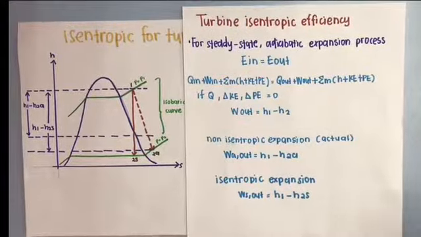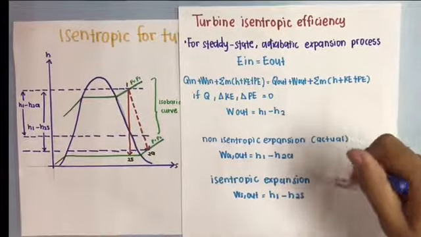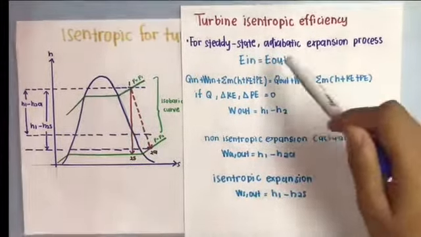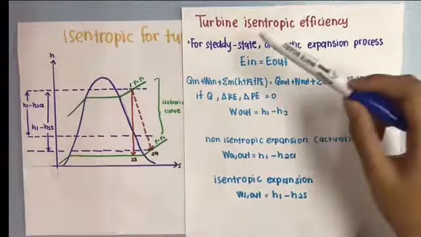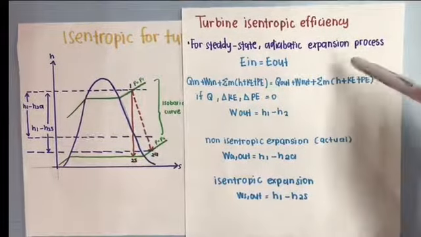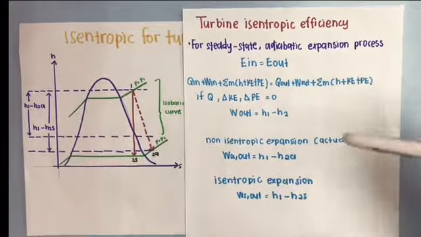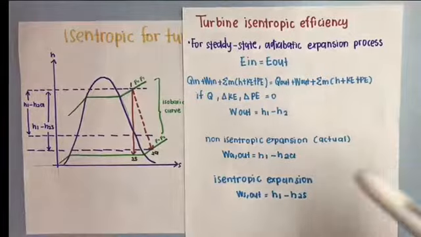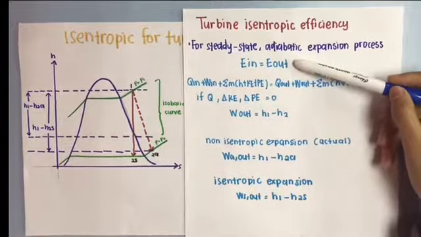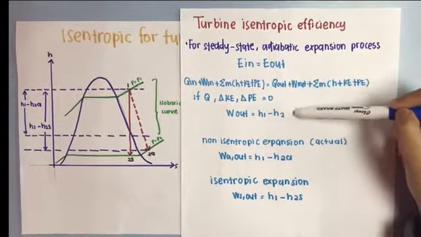Let's take a look at this equation. For turbine isentropic efficiency in a steady state adiabatic expansion process, the energy balance is E in equal to E out, and we get this general equation.